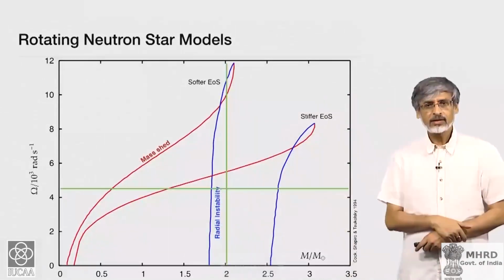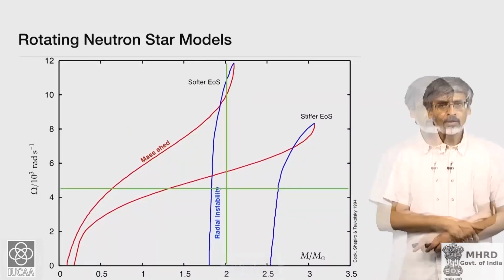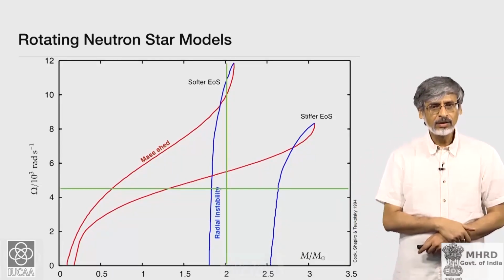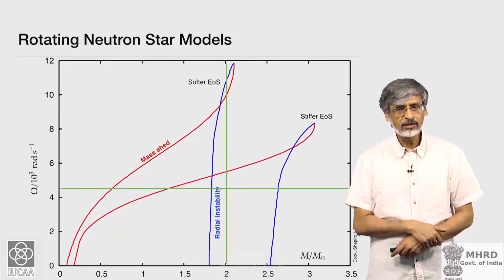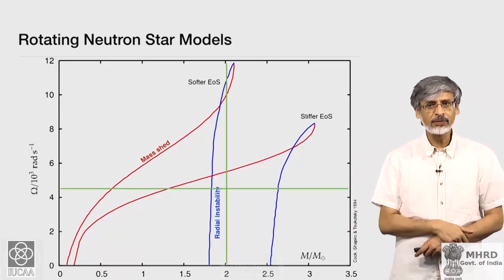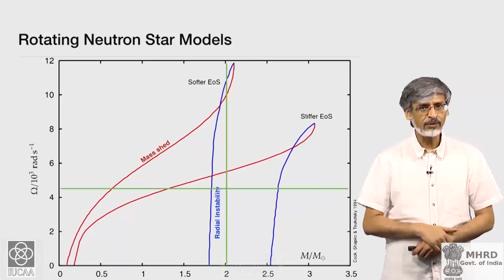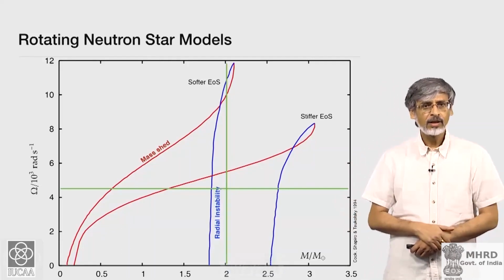So, as we said, the neutron stars are seen to rotate very fast. For fast rotating neutron stars, the equilibrium solution has to be obtained in a manner which is different from just solving the TOV equations, and people have carried out this kind of computation and analysis.